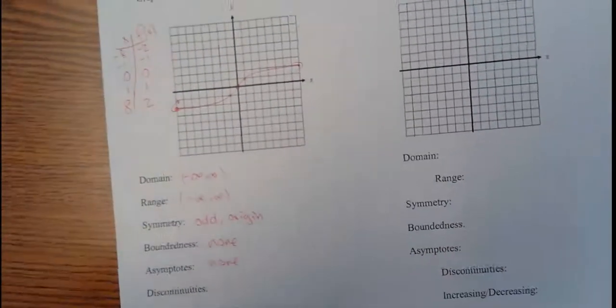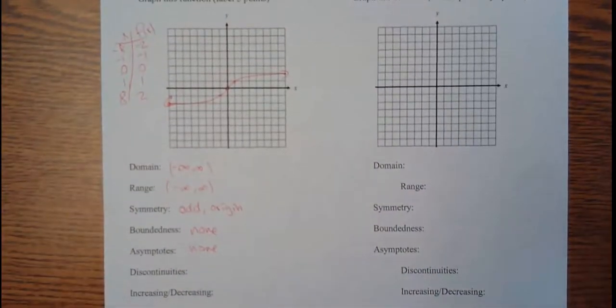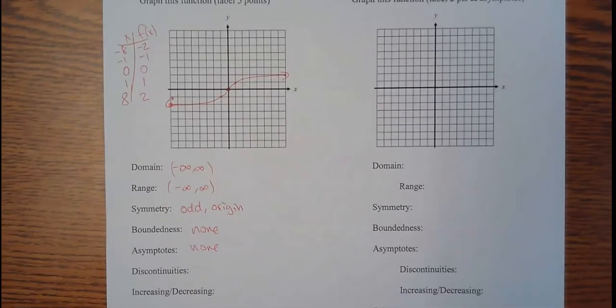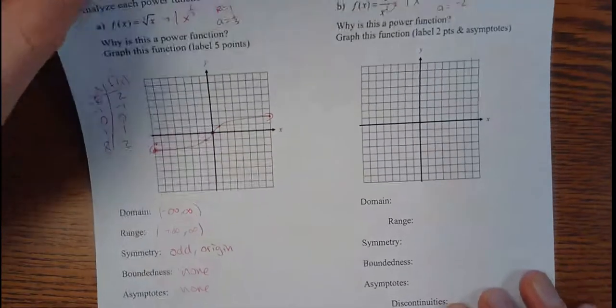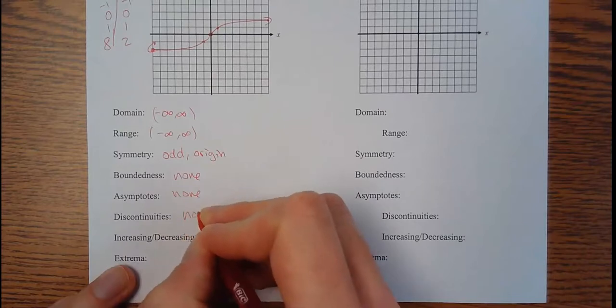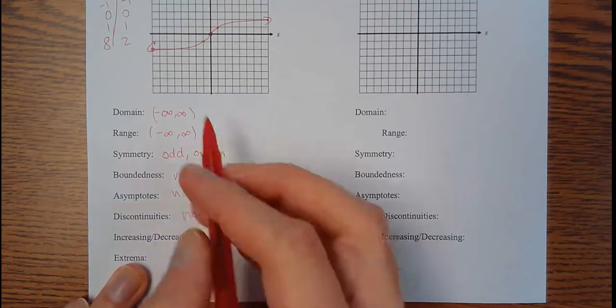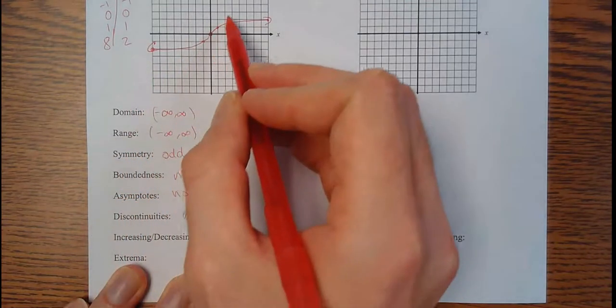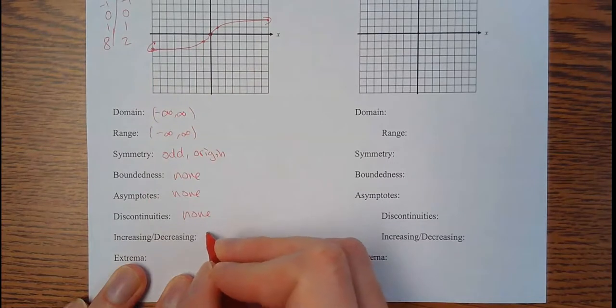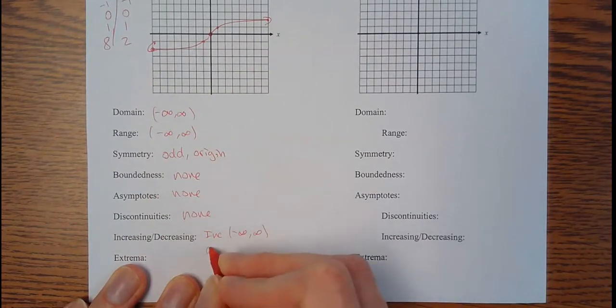Discontinuities? Are there any discontinuities on this guy? Just trying to get that focused correctly. None. There's nowhere where it's discontinuous. Increasing, decreasing. This one, going from left to right, is always going up. So this is increasing from -infinity to infinity.